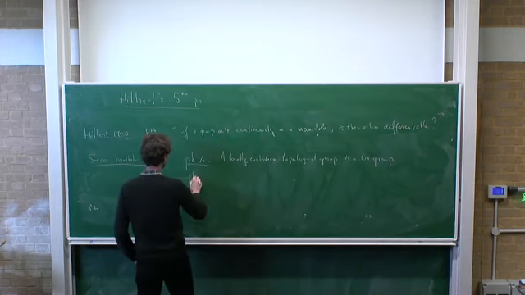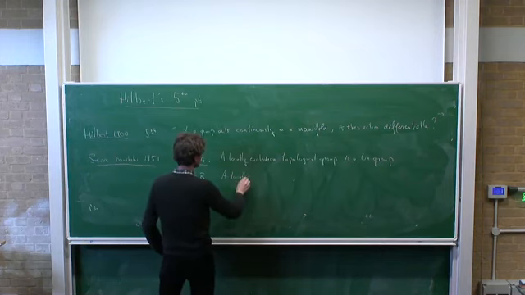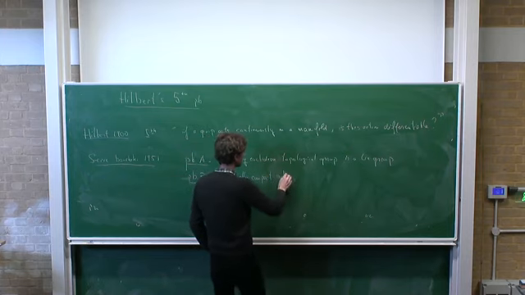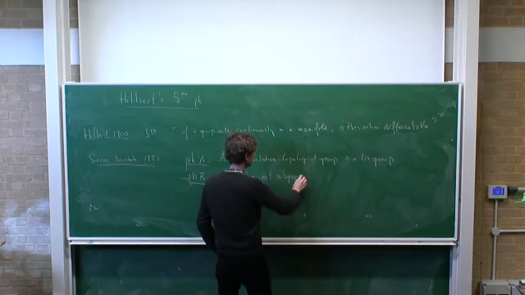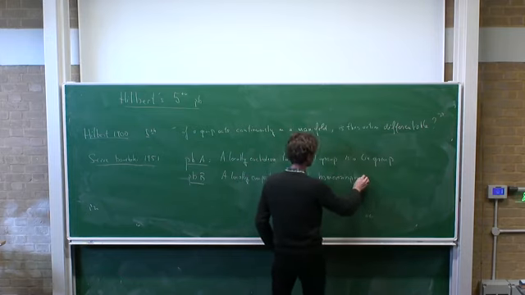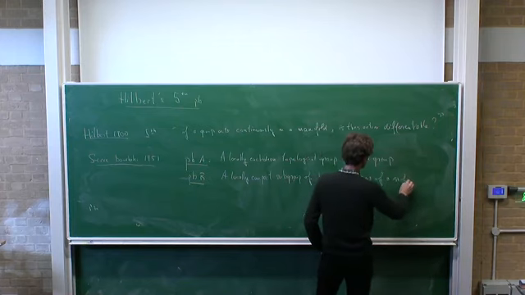And problem B: a locally compact subgroup of homeomorphisms of the manifold is a Lie group.